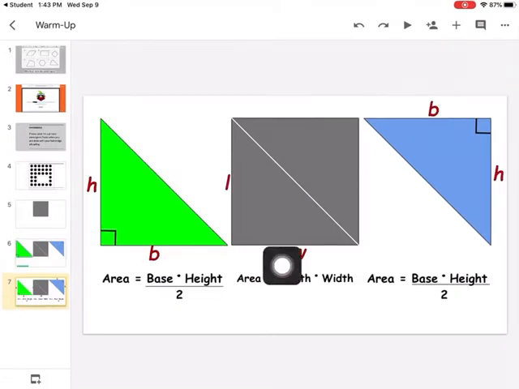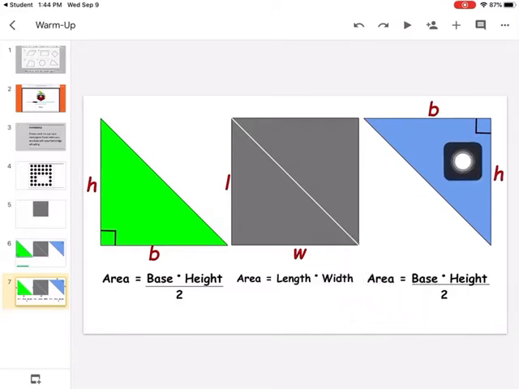The formula for the area of a rectangle is length times width. We take our length, multiply it by our width, and that's our area. Well, the triangle is exactly half of that space. That is why the formula is base times height divided by 2. And it's the same thing over here, it's just flipped on its side. That is why you have to divide by 2 when you're finding the area of a triangle.